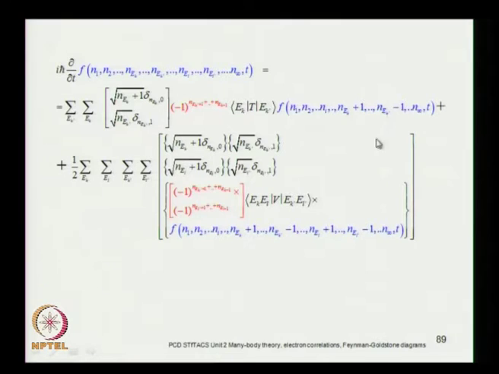Here notice that the occupation number of Ek prime is 1 less, the occupation number of Ek is 1 more in the kinetic energy term. In the potential energy term, it is the occupation number of Ek which is 1 more, Ek prime which is 1 less, El which is 1 more. So, it is nEl plus 1, and here El prime it is 1 less, and then you have got all the phases and all the occupation numbers here.